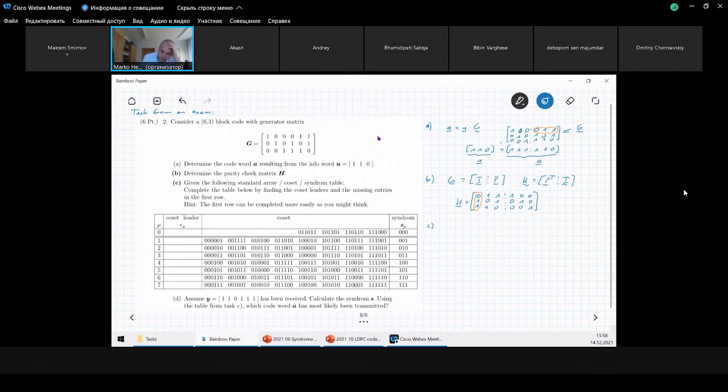So this is the all zero code word, this is missing. And the first row of G. Second row of G. And the third row of G.